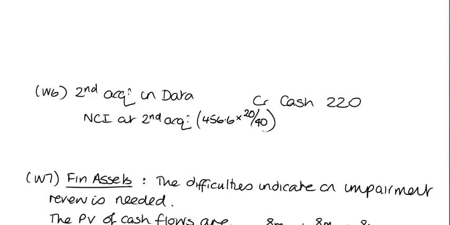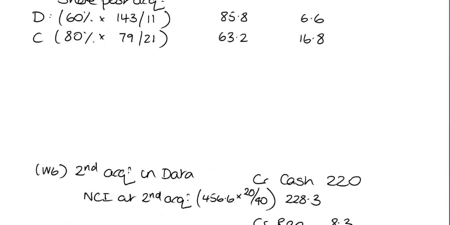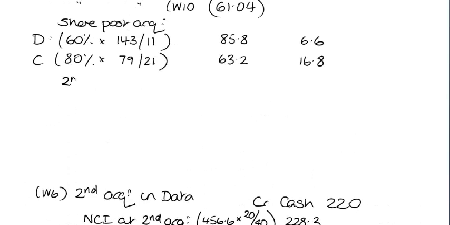And they've got rid of 20% of their 40% investment. So that works out as 228.3. So therefore I'm going to credit reserves with 8.3. That adjustment is taken to other reserves. So second acquisition adjustment from working number 6, I'm going to add in 8.3 like so.